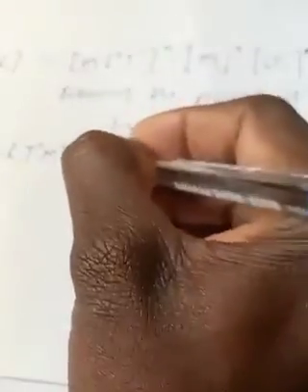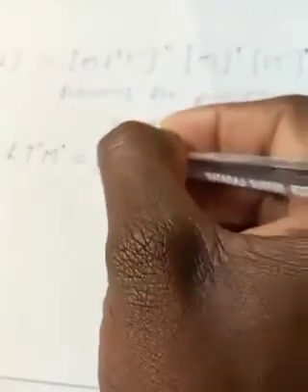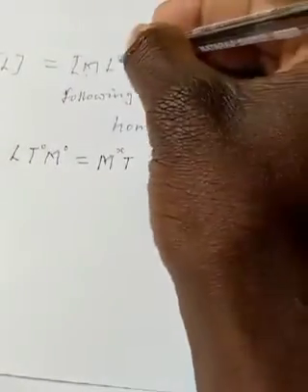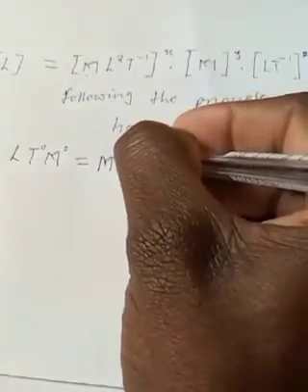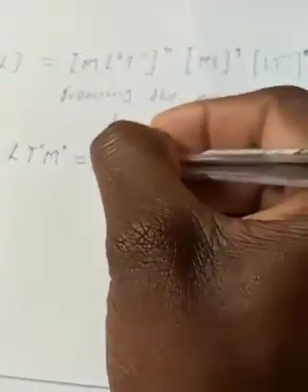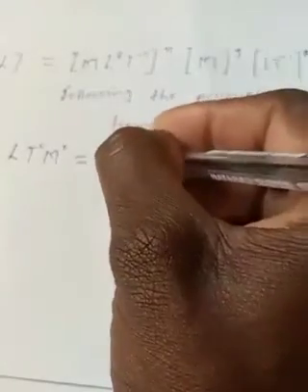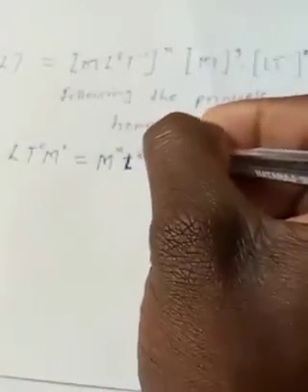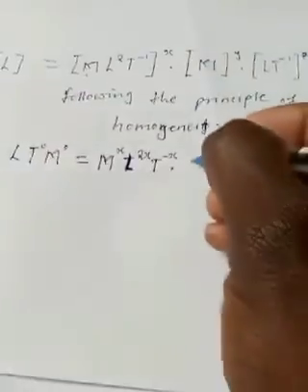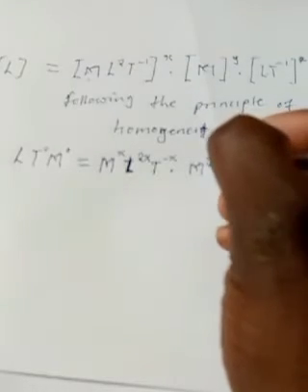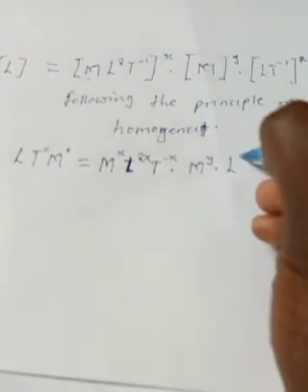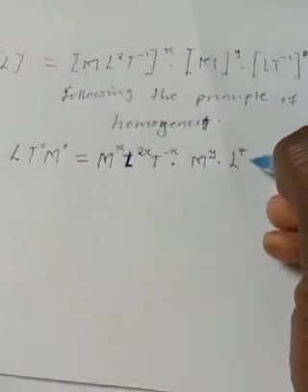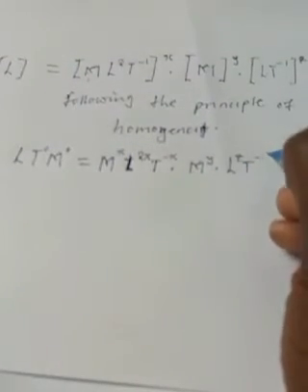I'll say m power x, L, sorry, this has to be L, not t. So since this and that one are going to multiply each other, I'm going to have 2x. Then you say t to the power negative x dot. Whenever I come that side, you're going to find that it will be m to the power y dot L to the power z, and finally t to the power negative z, because whenever you raise it on this side, you're going to get negative z.